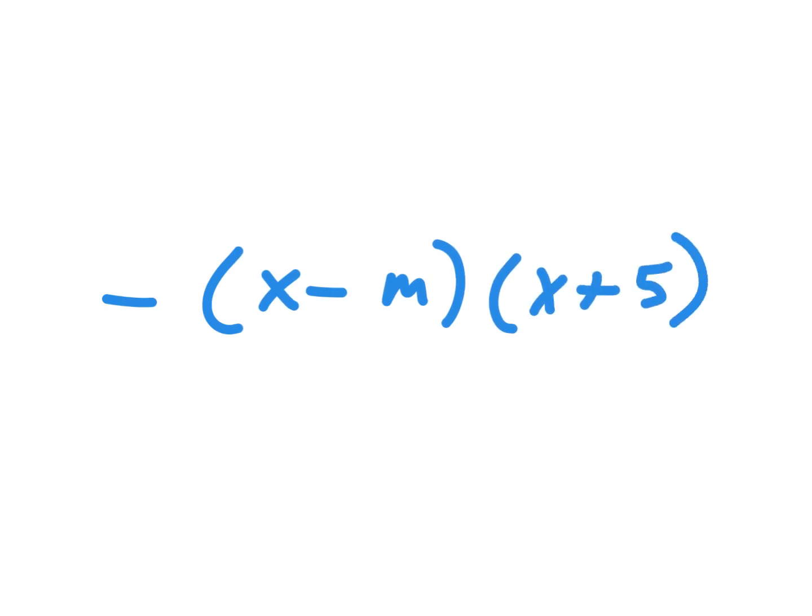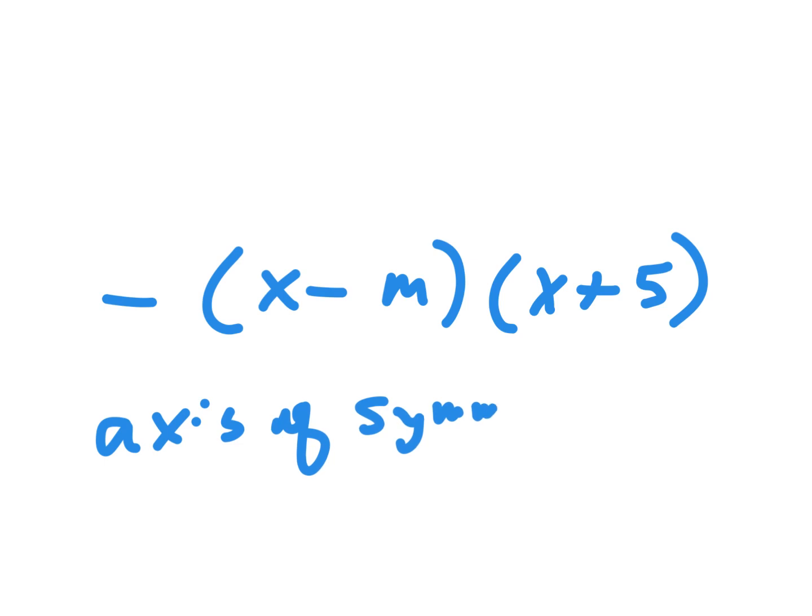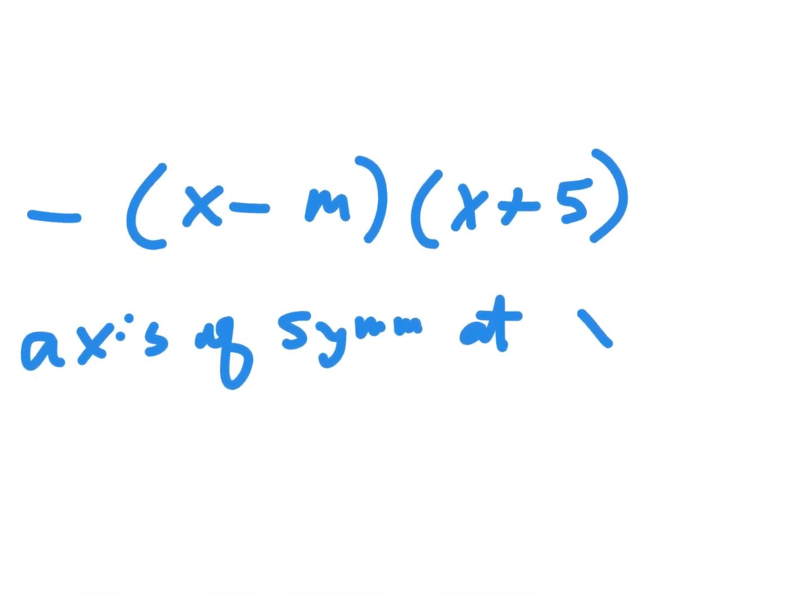And we said that it had an axis of symmetry at, let's say, 4. My advice to you, to figure out what M is, I would sketch this.